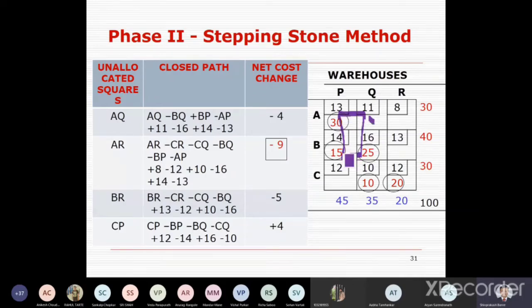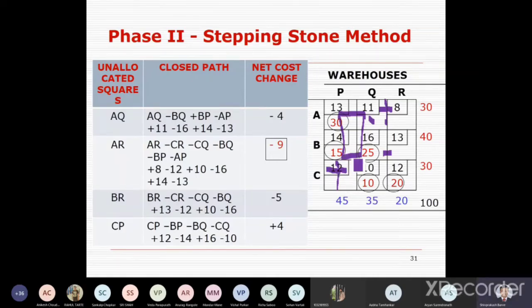This is called a closed path, and we are checking whether there is a possibility to shift some units to this AQ. So mark AQ as positive, because at AQ I want to add something. For alternate corners, now make negative and positive signs. I have to start with positive, so the second is negative, and the third corner is positive.